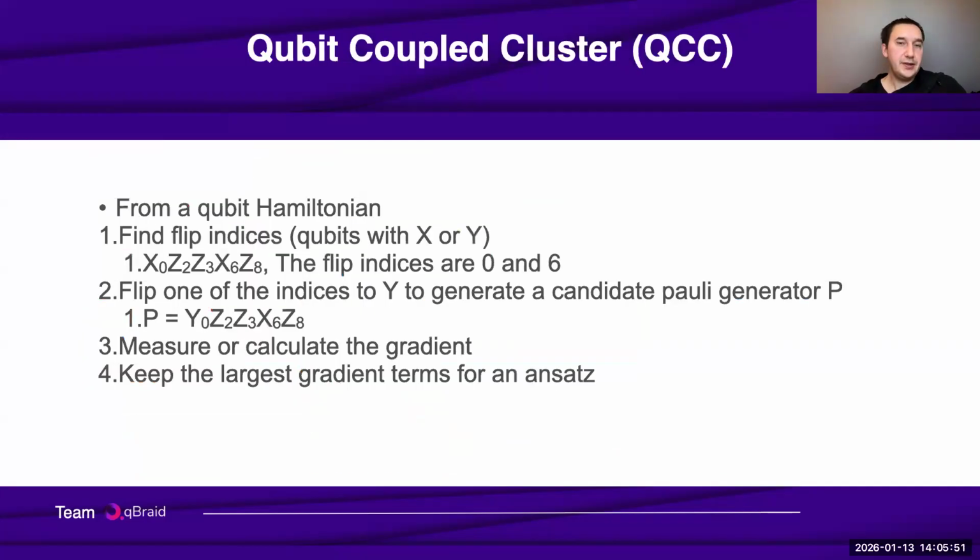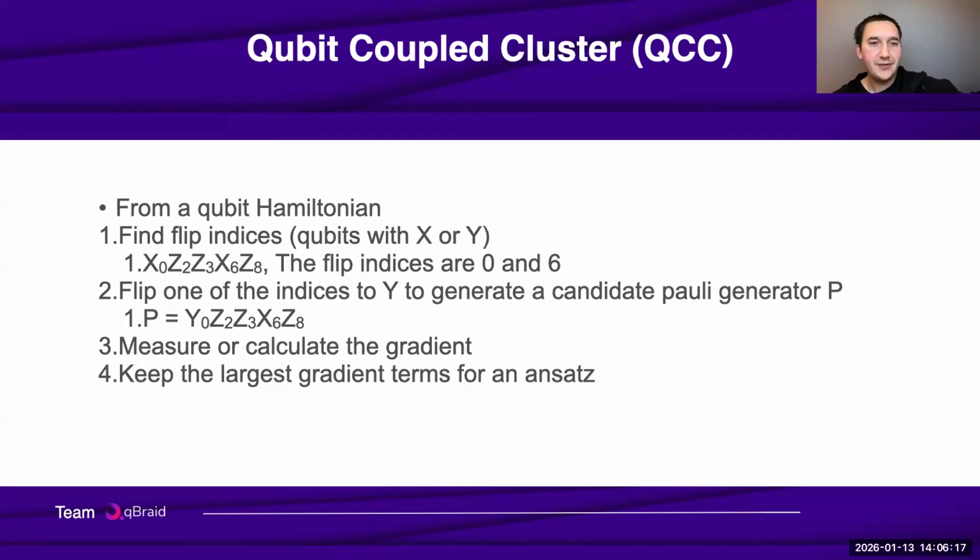So what we noticed is that from Qubit Coupled Cluster, this is a way to generate a reasonable variational quantum ansatz. And from a qubit Hamiltonian, you look at each Hamiltonian element. So as an example, here we have x0, z2, z3, x6, z8.